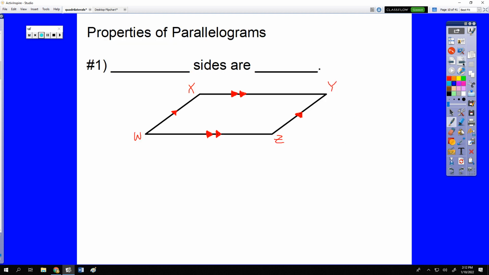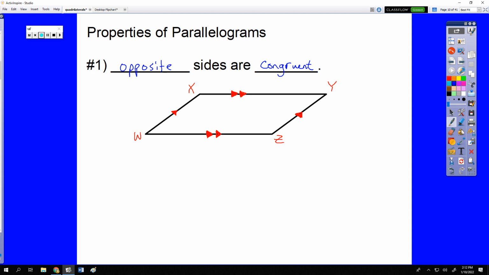So the first property that all parallelograms have is that opposite sides of every parallelogram are not only parallel, but they are also congruent. So here we have markings indicating that WXYZ, however you want to name it, is a parallelogram as indicated by the parallel markings.